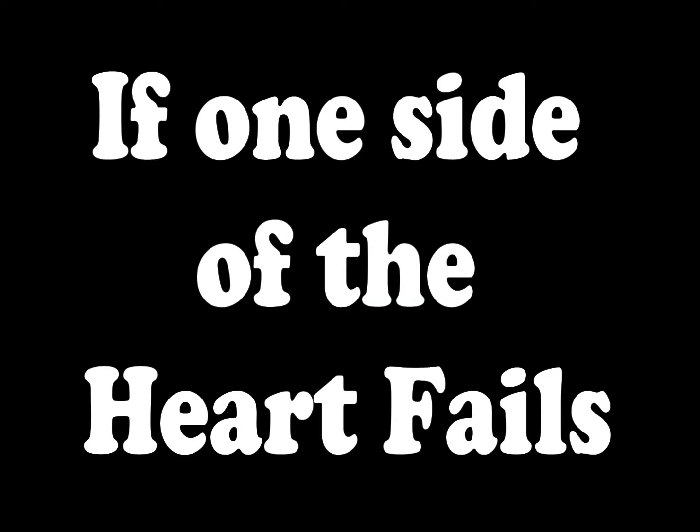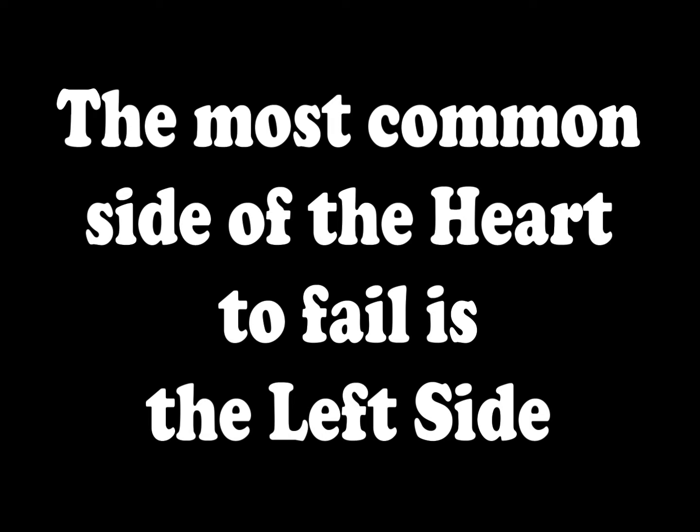Here's the kicker. If one side of the heart fails, and the most common side of the heart to fail in most instances is the left side, and in particular the left ventricle.